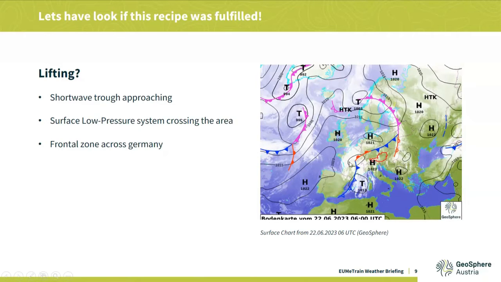This will wander across Germany during the course of the day. So it's going to wander northeastwards. You can already see the frontal system crossing Germany, and you have this cold front over France. Yes, so lifting was also there, definitely.